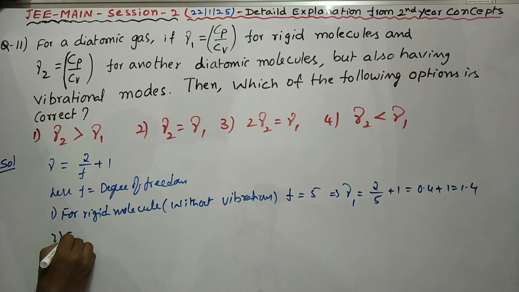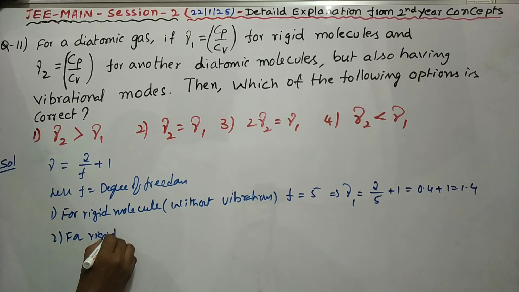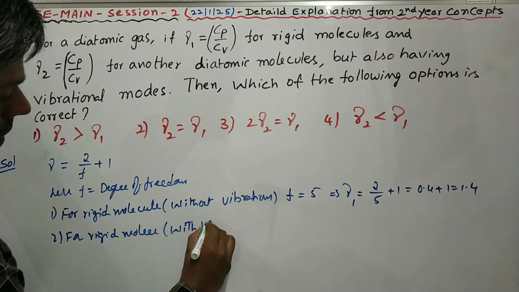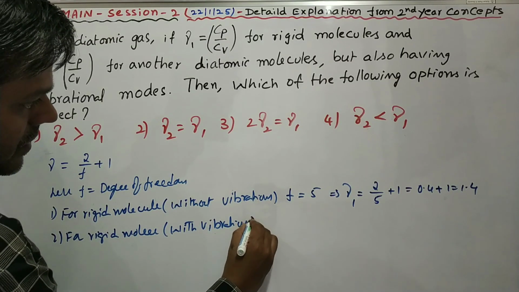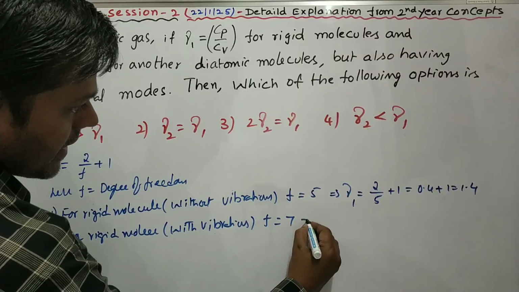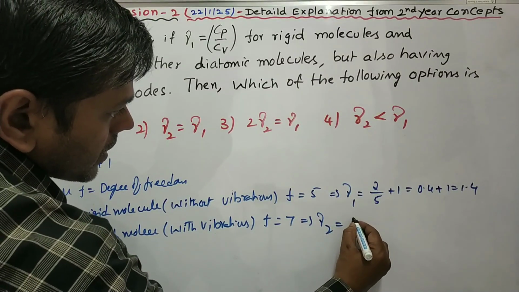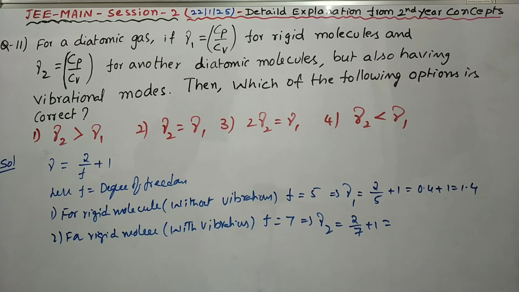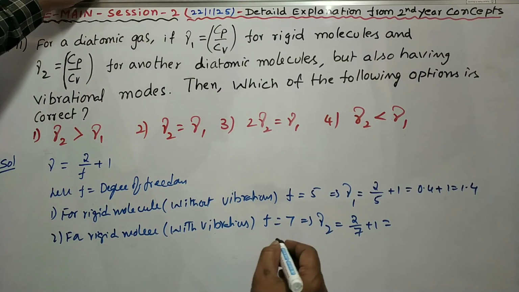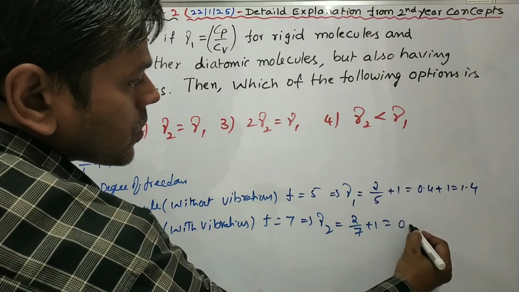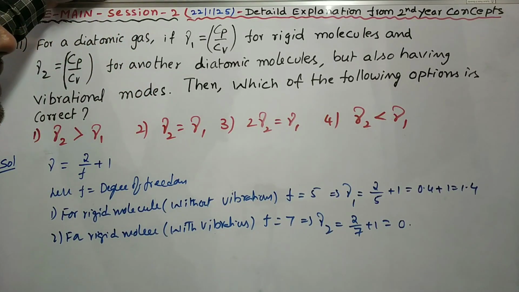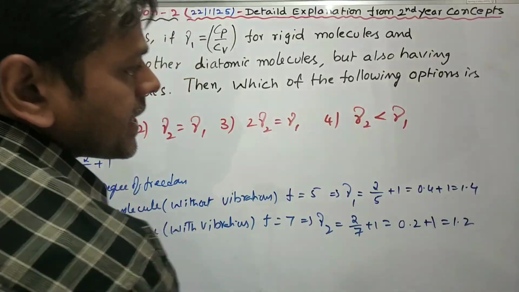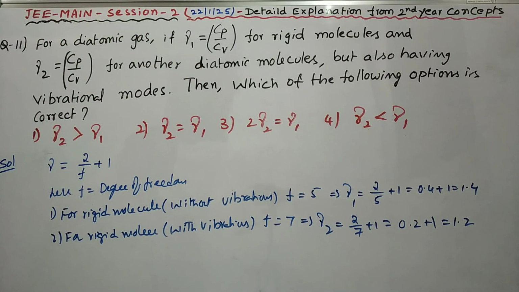Next, for a molecule with vibrational modes, F is equal to 7. That implies gamma 2 is equal to 2 by 7 plus 1, which is approximately 0.29 plus 1, so about 1.3.